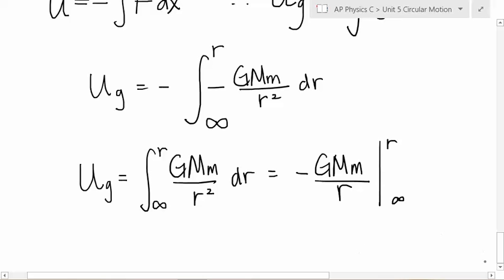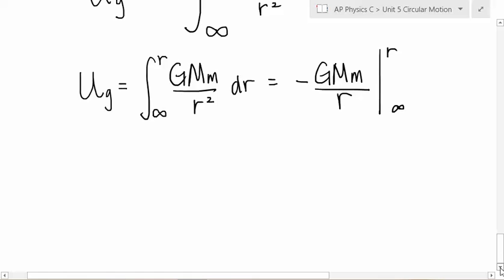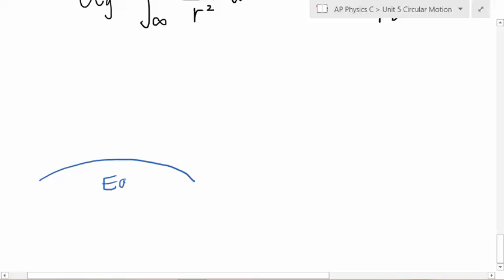So why use infinity? So here's the analogy. Here's the Earth. Let's say you have an object at these different positions. Okay? And as that object falls and moves in this direction, is the gravitational potential energy increasing, decreasing, or remaining constant as it falls towards the Earth?